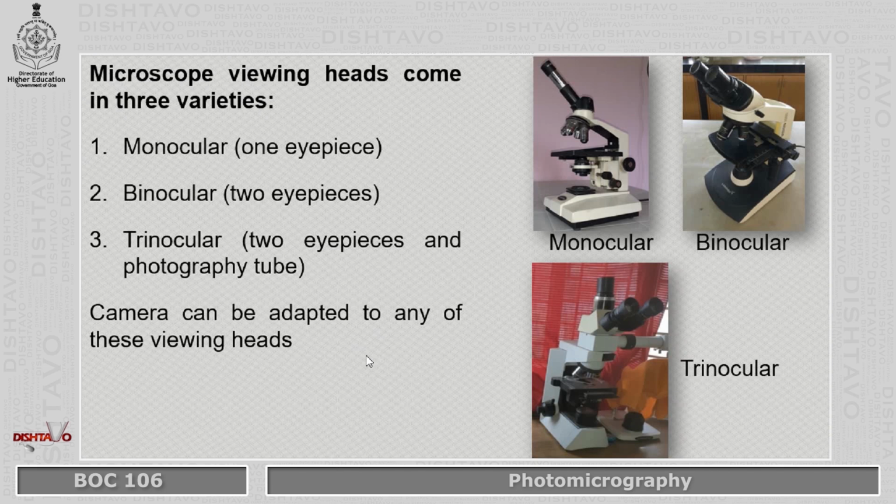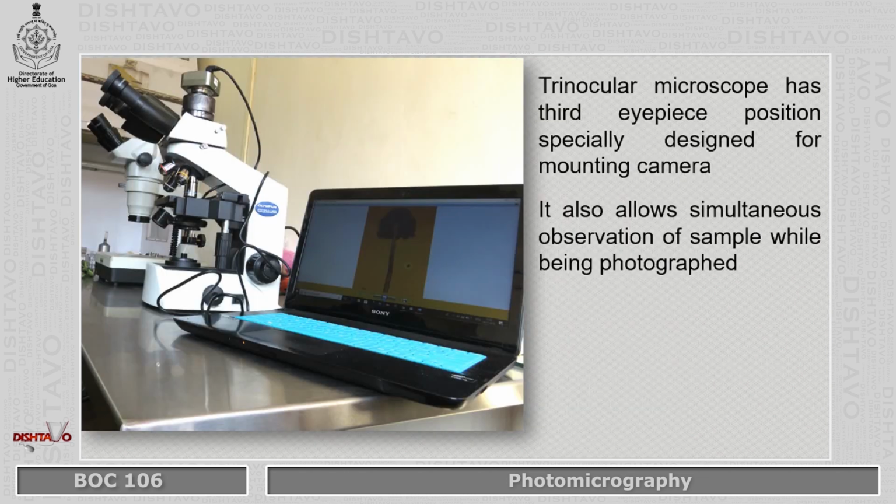A camera can be adapted to any of these viewing heads. The trinocular microscope has one advantage, that we can simultaneously observe the sample which is being photographed, as it has the third eyepiece position for mounting the camera.